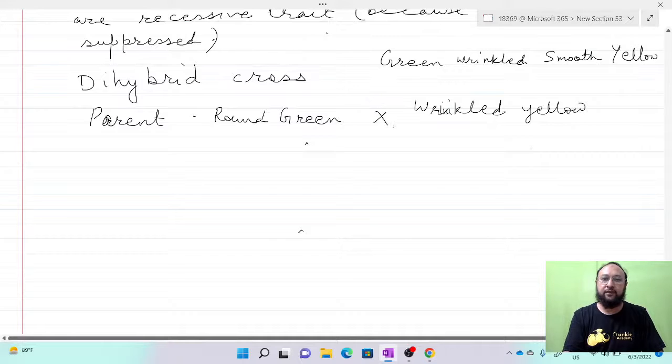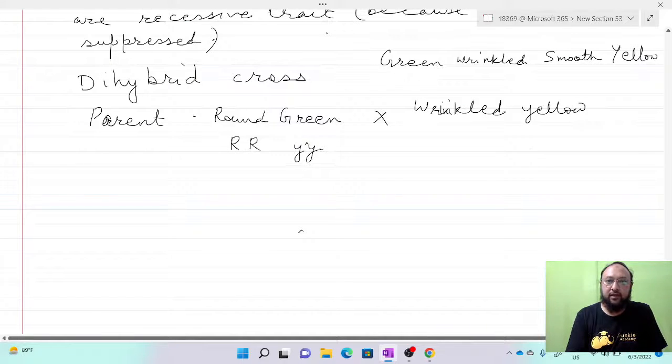So, cross. For this it will be R and Y; green is the recessive.